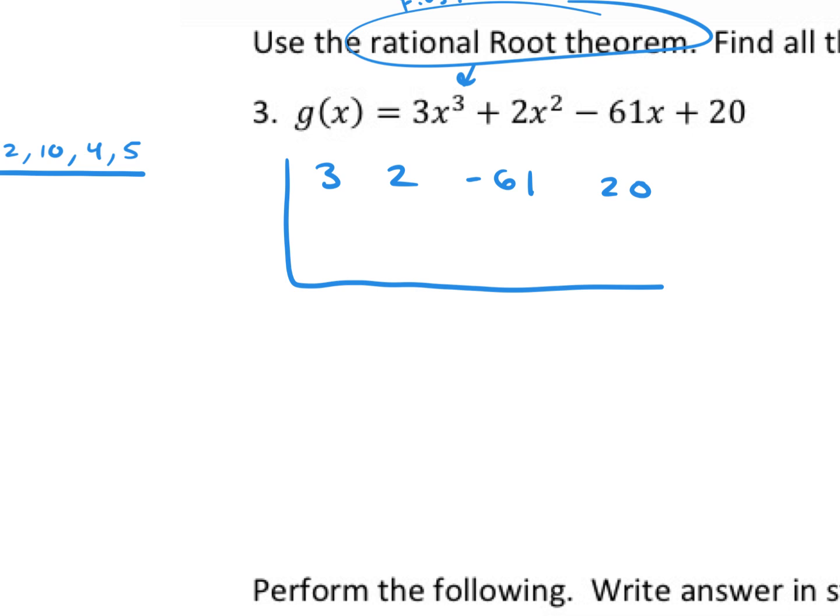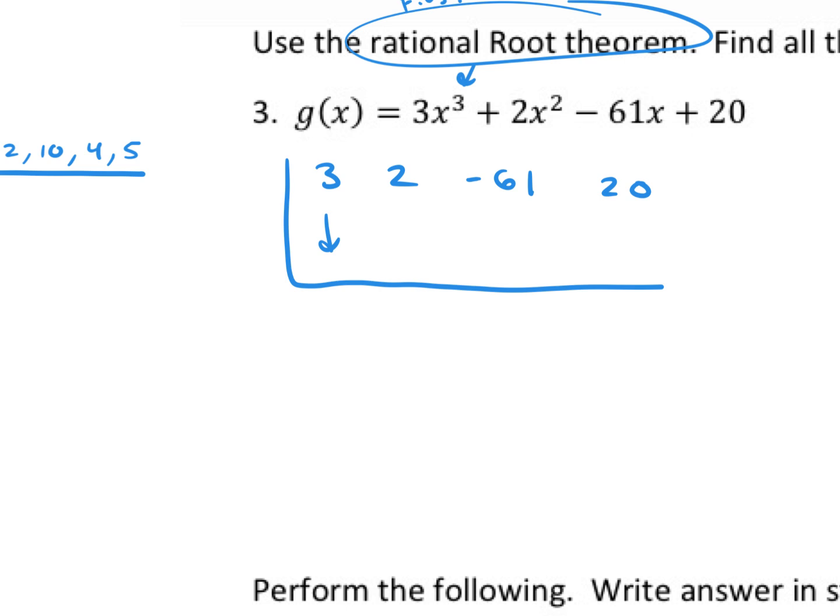We can try 1. So drop down the 3, multiply, we get 5, add, we get too many. It's not going to work. Let's try negative 2. So negative 6, negative 4, this would be 8.